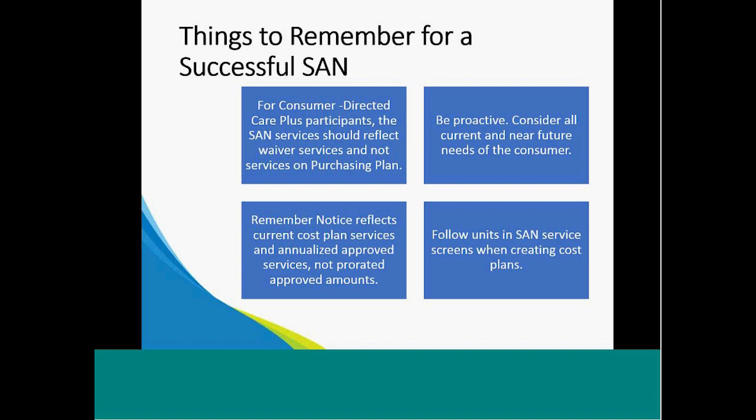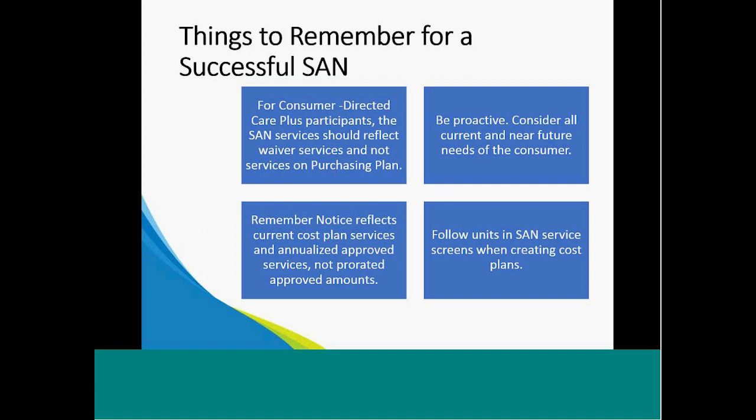And then try and be proactive, so you can include all services a person may need. We see several instances where we receive a SAN for the same person every three months or so, and one little thing changes, and it just backs up the reviewer and causes it to take a lot more time to be approved. So try and be more proactive.